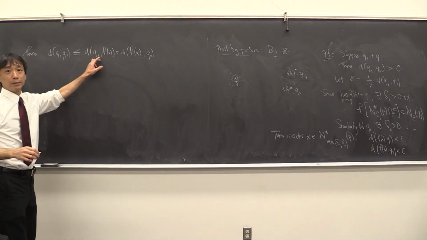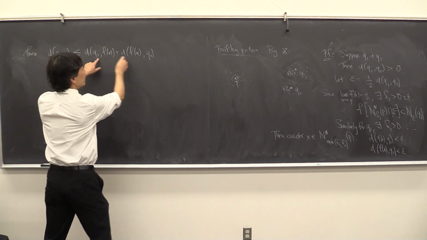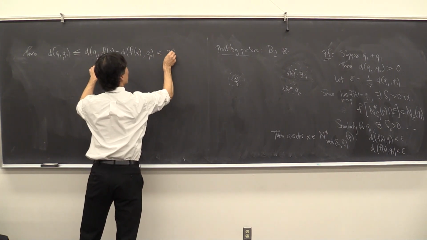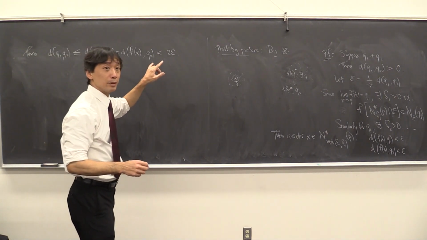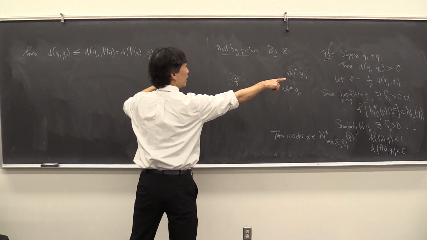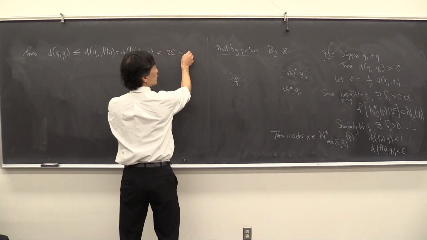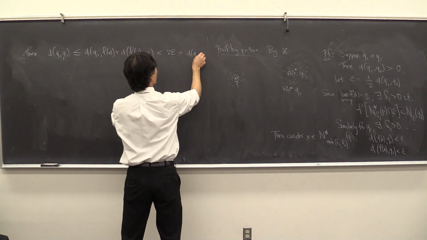But each of these is smaller than epsilon, so the sum is smaller than 2 epsilon. Is this okay? But each of those epsilons was 1/2 of the distance from Q1 to Q2. So this is twice 1/2 of the distance between Q1 and Q2.